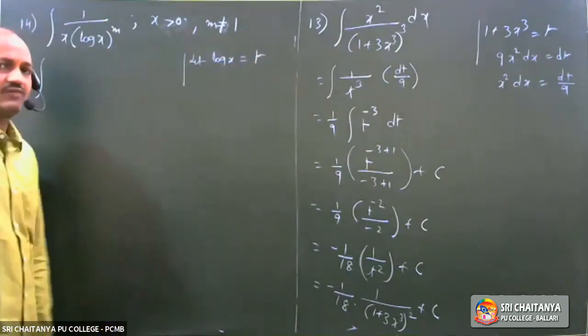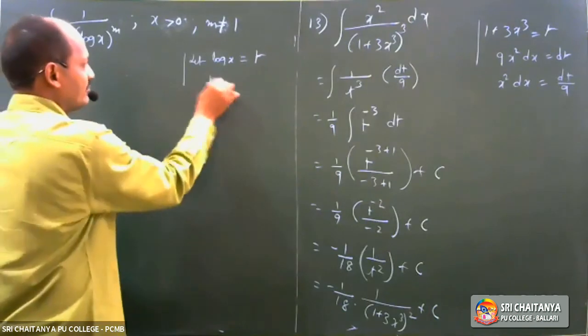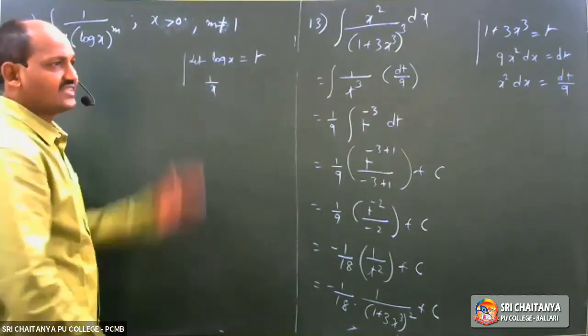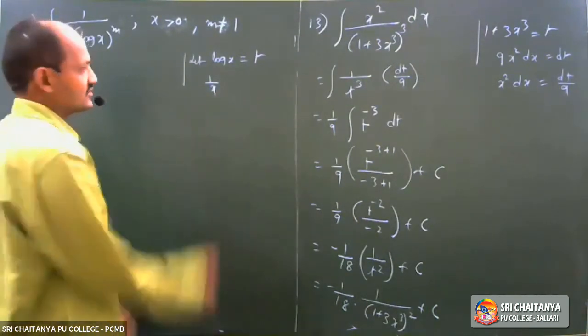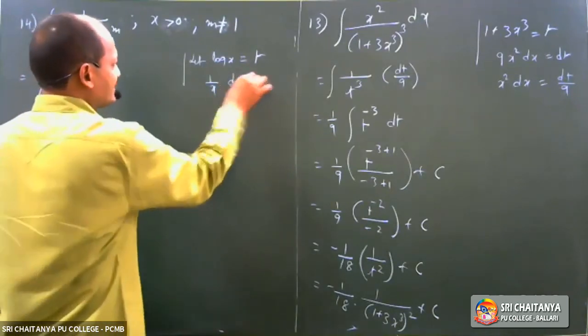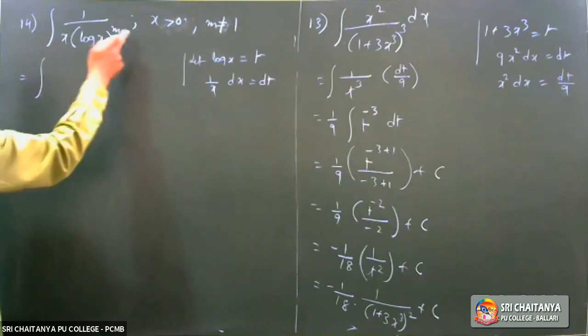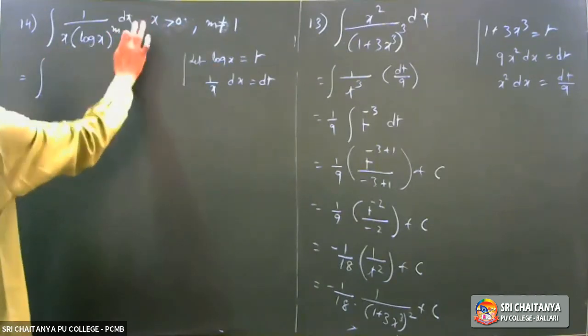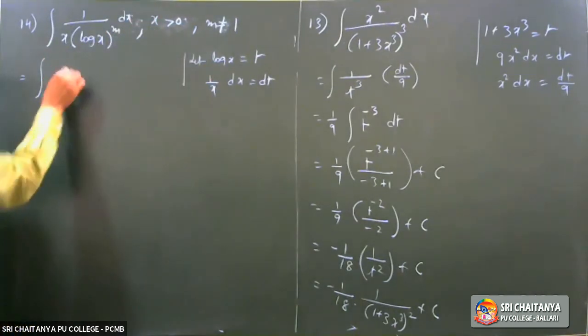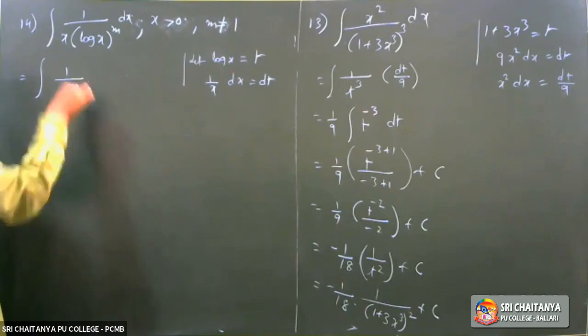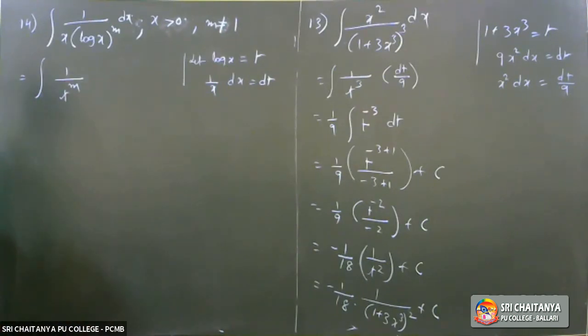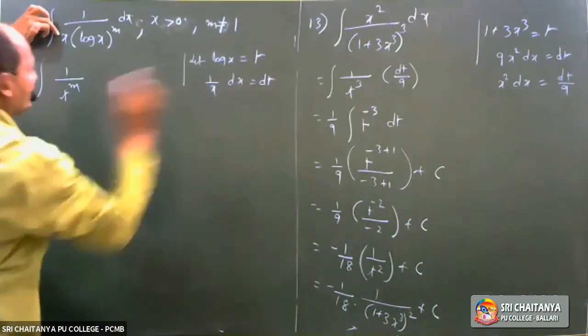What about the derivative of log x? 1 by x is equal to dt by dx. So 1 by x dx is equal to dt. Remaining 1 by t power m. Okay, 1 by x dx is equal to dt.